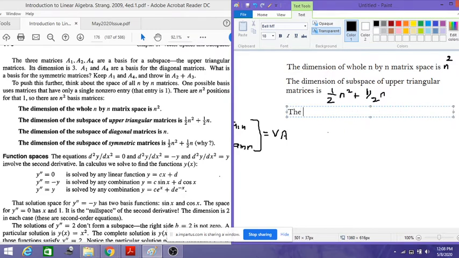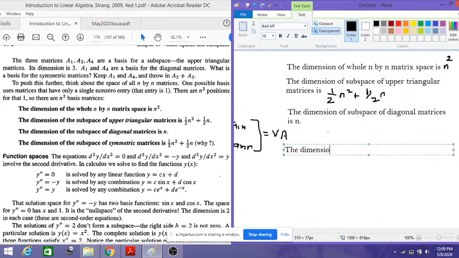For the next case, the dimension of the subspace of diagonal matrices is n. So the dimension of the diagonal matrix results in n.